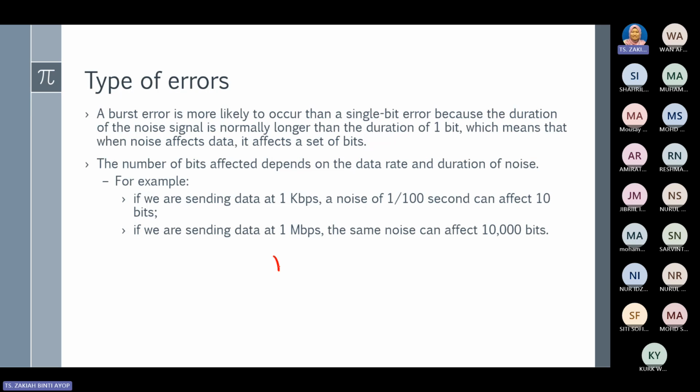So 1,000 bits per second affected by a noise of 1 over 100 second means 10 bits.